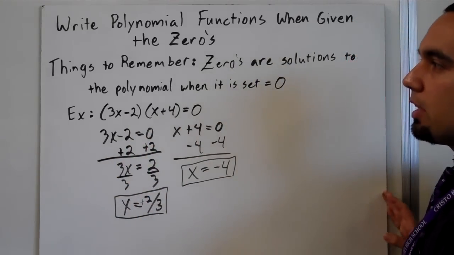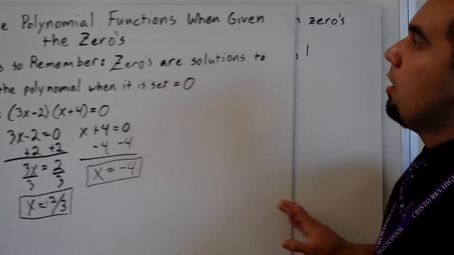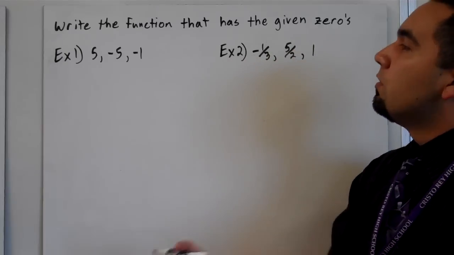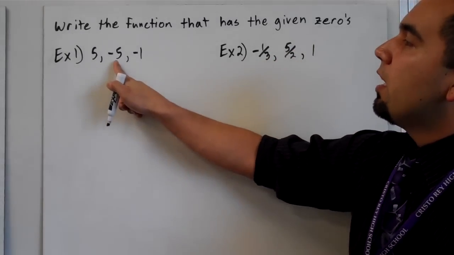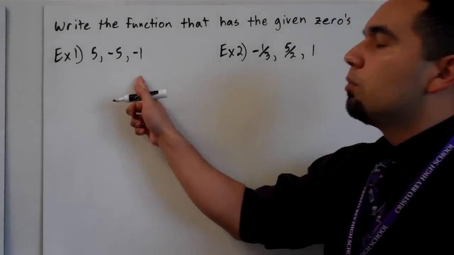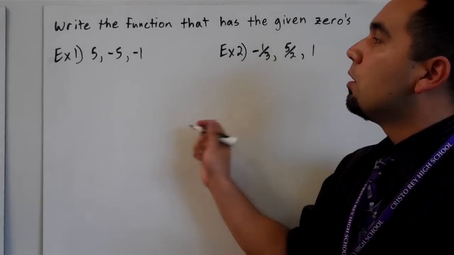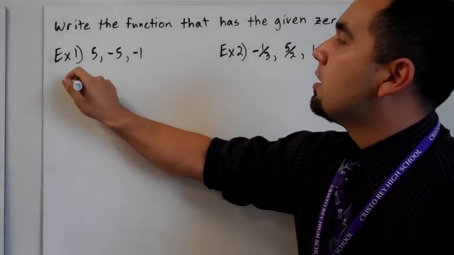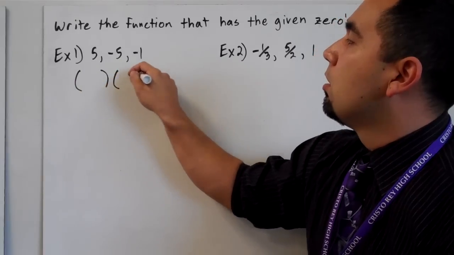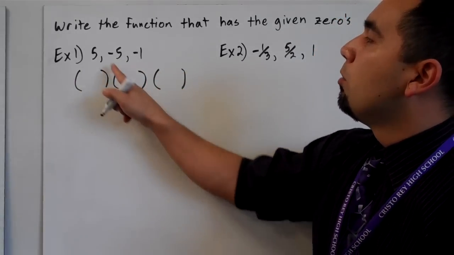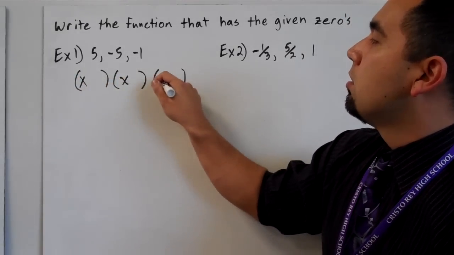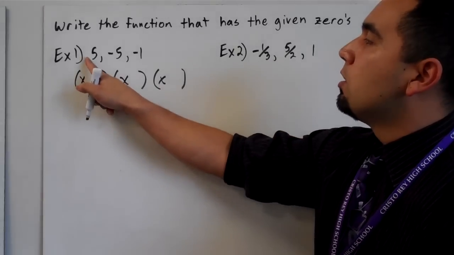So let's take a look at some examples of what we're actually going to do today. The first example says write the function that has the given zeros. So I have 5, -5, and -1. These are the zeros, what x equals when we have it set equal to 0. So I'm going to write this out as factors. If these are the zeros, then I have my x's, and I'm always going to change the sign.